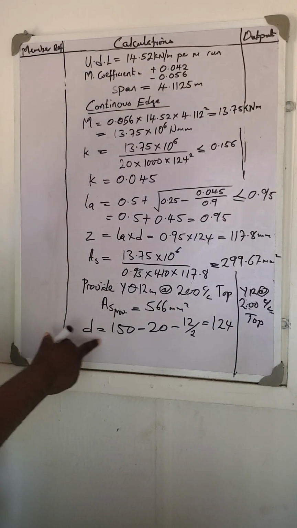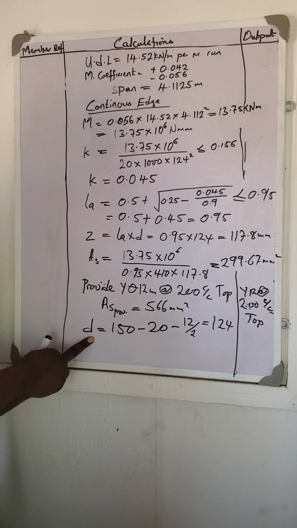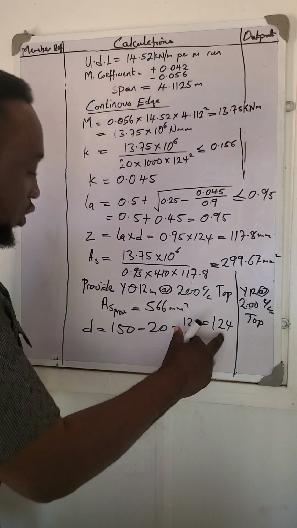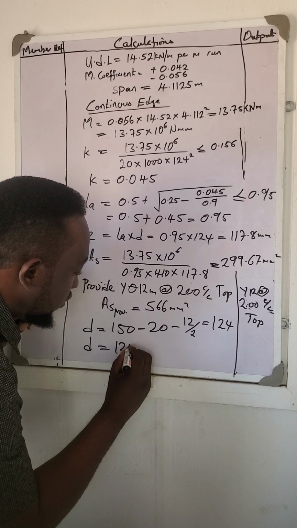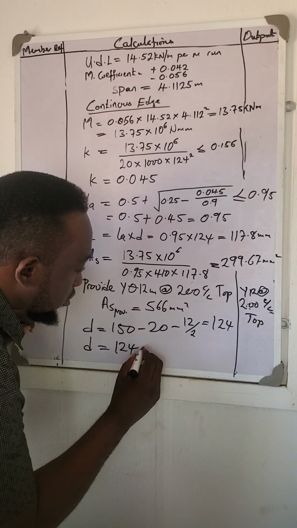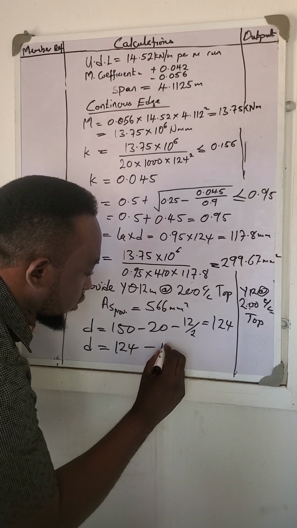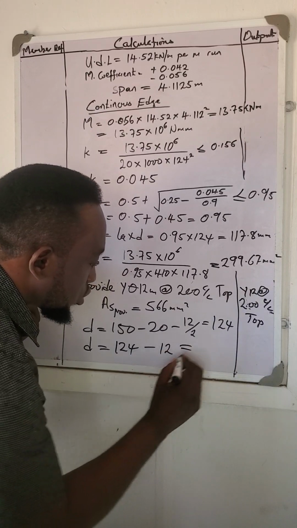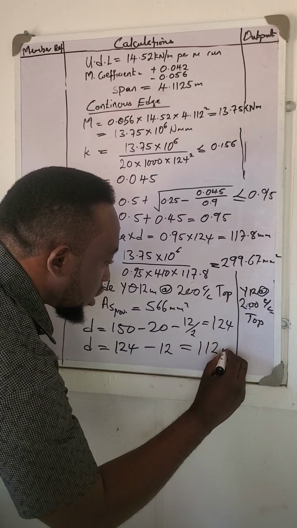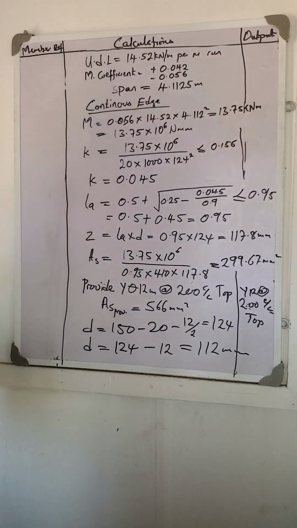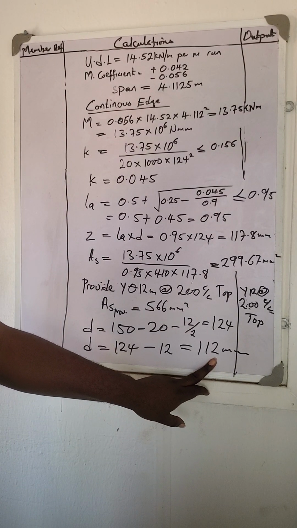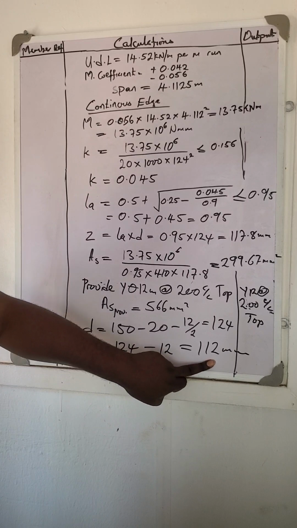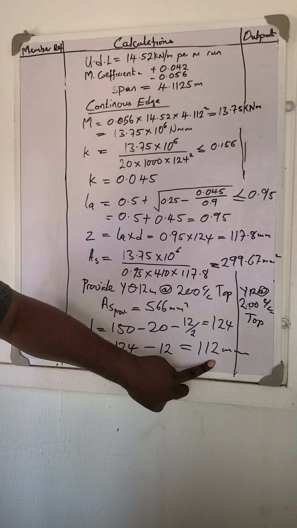Then when you are calculating D in the long span, this now becomes your H. Your D in the long span now becomes 124 minus 12, which is equal to 112 millimeters. So this is going to be our new effective depth when we are calculating for the long span.